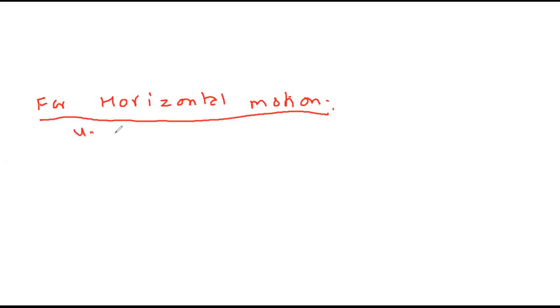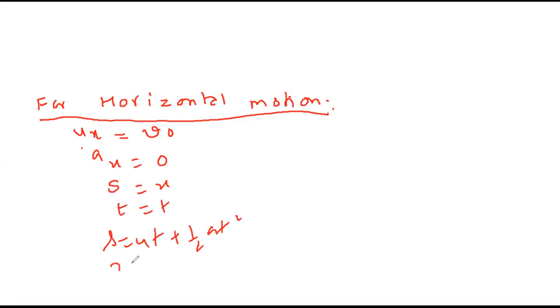So for horizontal motion, initial velocity along x is v0, acceleration along x is 0, displacement is x, time I don't know. So s equals ut plus half at square. So x equals v naught t plus half into 0 into t square. Therefore x equals only v naught t, so t equals x upon v naught.